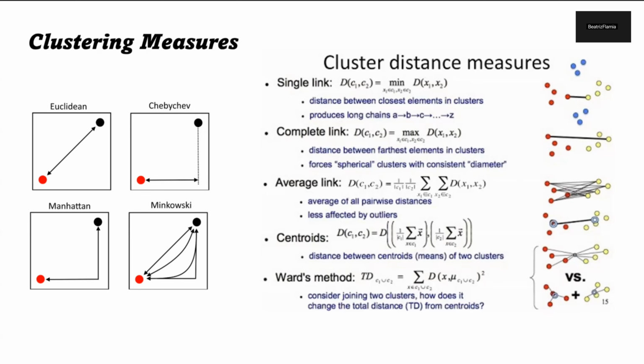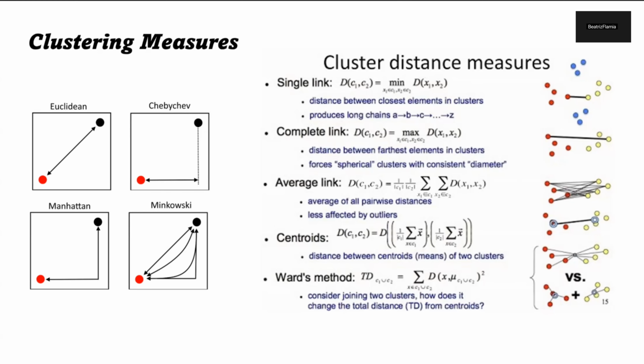Normally, we use Euclidean distance for all cases. It's the most used, the most appropriate in most of the cases, but sometimes it does not work so well. So we have another possibility. These four are the most well known in the literature. And we use these measures, one at a time, to define the clustering distance.